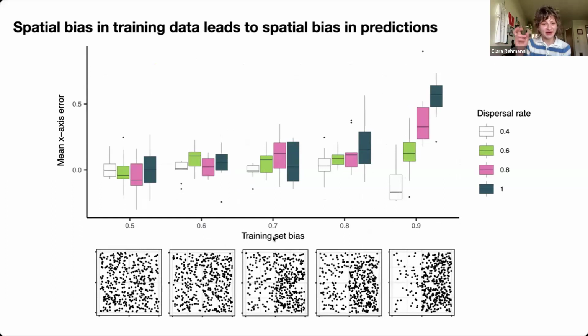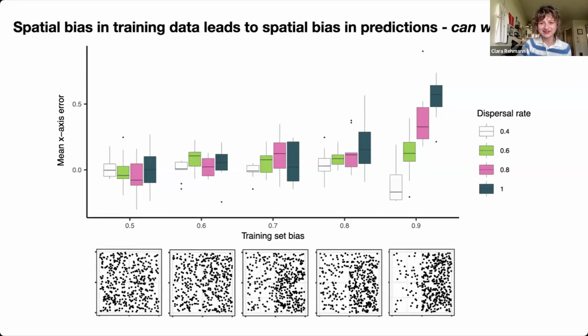As training set bias increases along the x-axis here, we can see that the x-axis error gets higher above 0, and this effect is a lot more pronounced with higher dispersal rates. Obviously, this is what would happen, but it is not a super ideal performance, especially because when we have real data, it is not evenly sampled across the landscape.